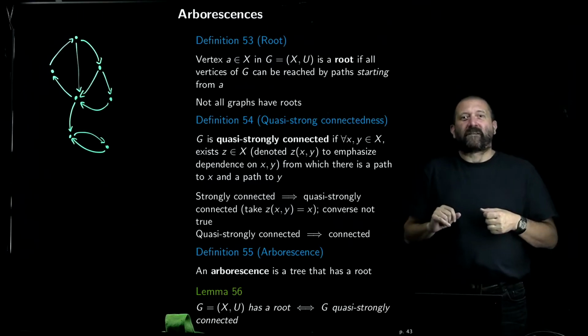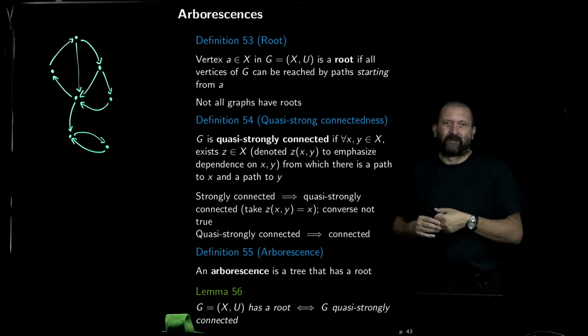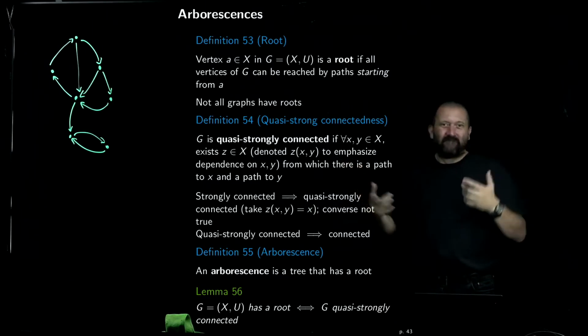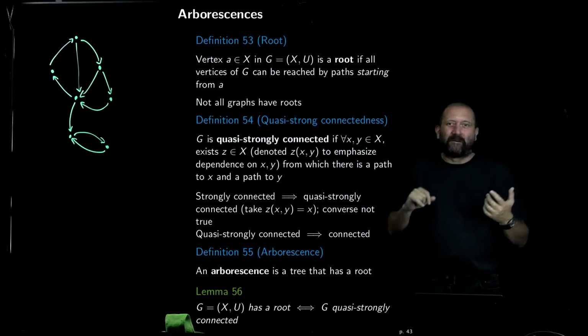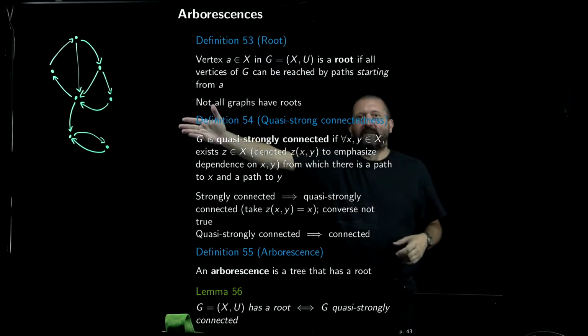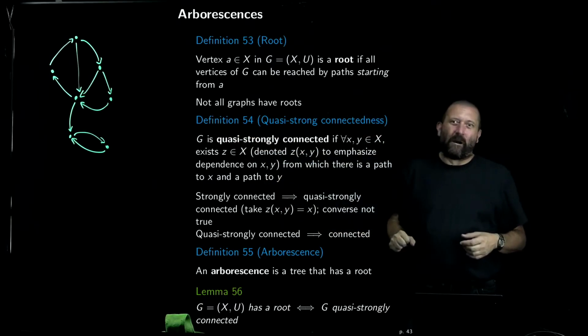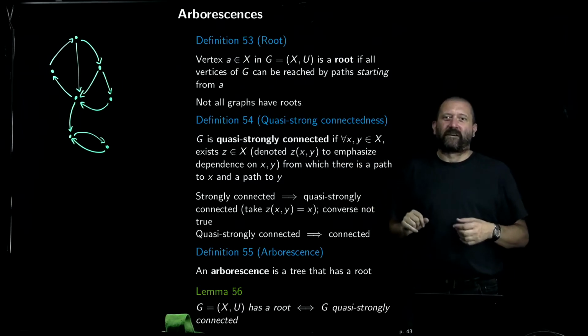Now, if I'm strongly connected, I'm obviously quasi-strongly connected. Okay. I just need to take, for example, one of the vertices as the Z. The converse is not true. Clearly, I have an example here where I am quasi-strongly connected, but I am not strongly connected.